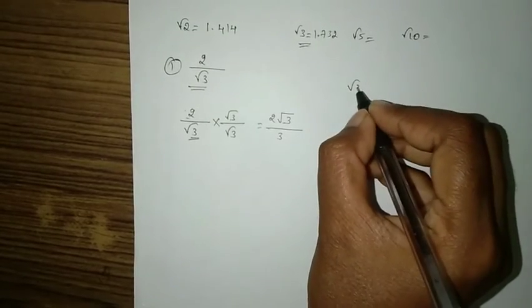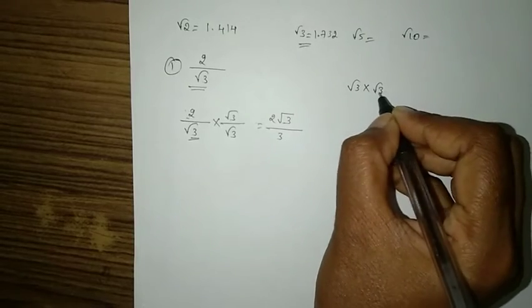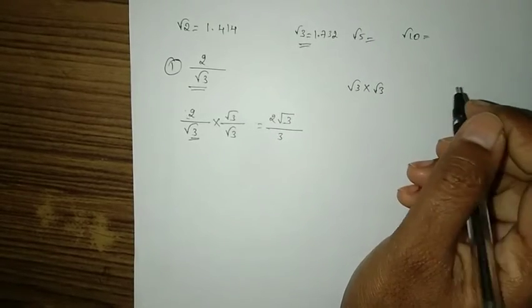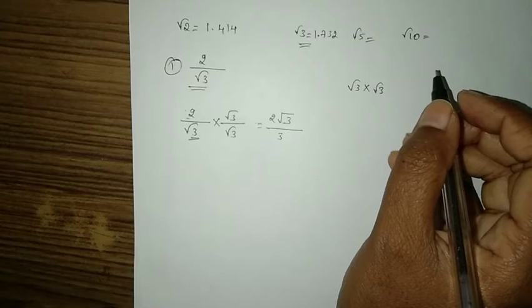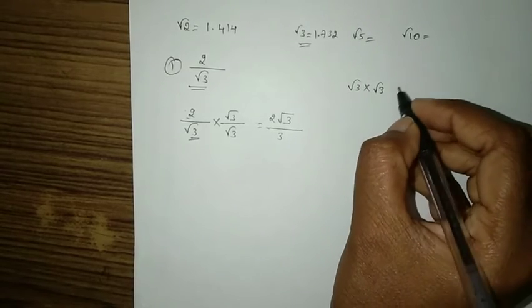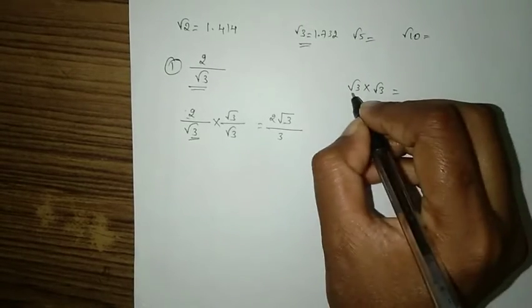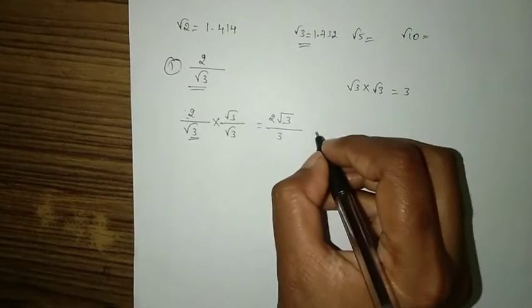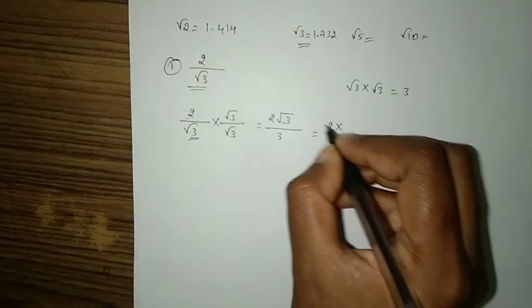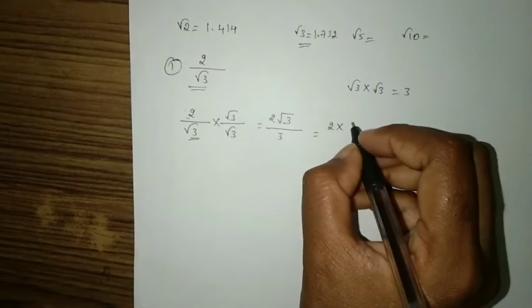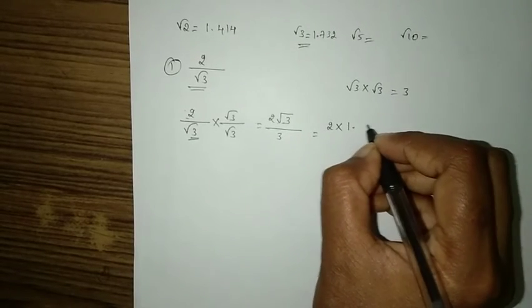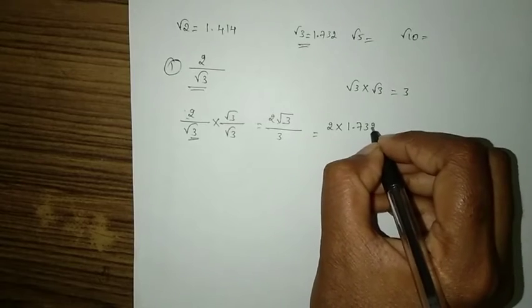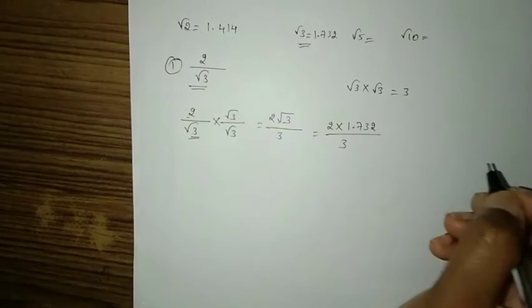I will show this again and again, because you have to remember this. If you see it more, you will definitely remember, right? So that's why I'm showing. Root 3 into root 3 becomes 3. You have to remember this. So here we are applying the root 3 value, that is 1.732 into 2 divided by 3.